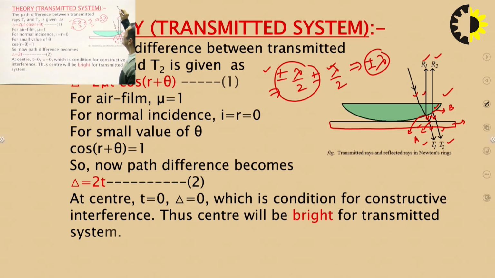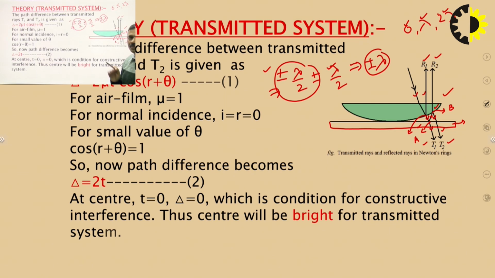For example, for constructive interference, the path difference between the reflected or transmitted rays should be equal to 0, lambda, 2 lambda, and so on. If we add this plus minus lambda factor to 0, lambda, 2 lambda, it will remain the condition for constructive interference. So this plus minus lambda factor will not change the condition of the path difference.